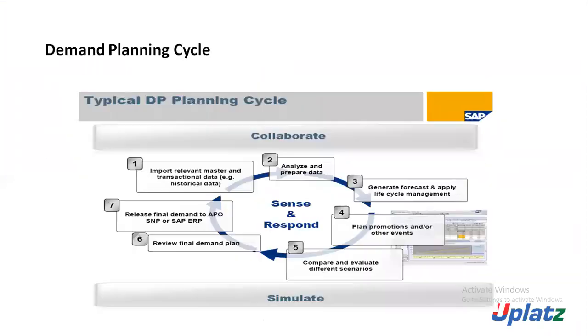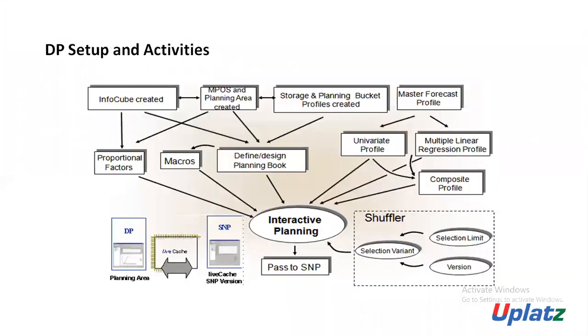Till now, I covered the configuration part. Under the configuration part, I completed up to creation of master forecast profile. Today I am going to start the important features of SAP APO DP.